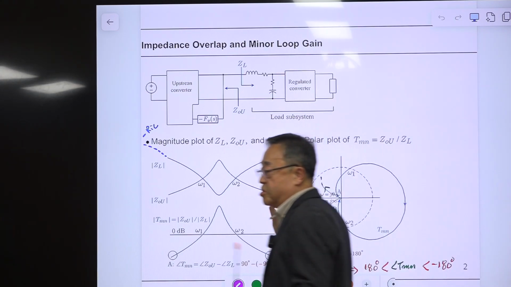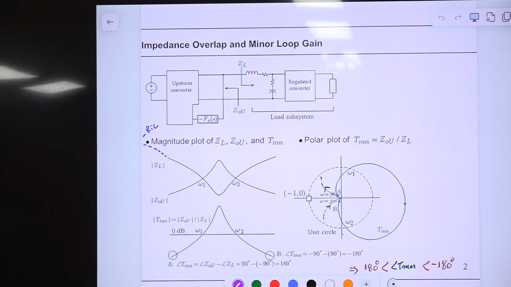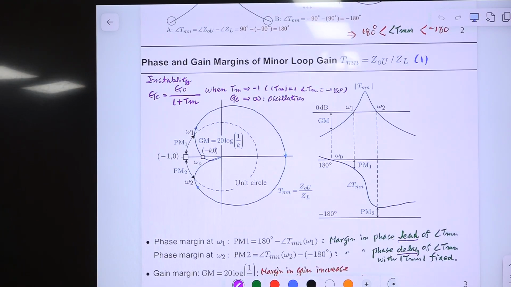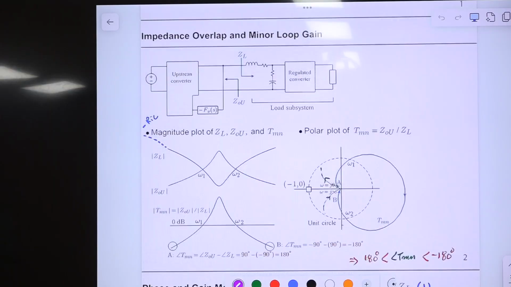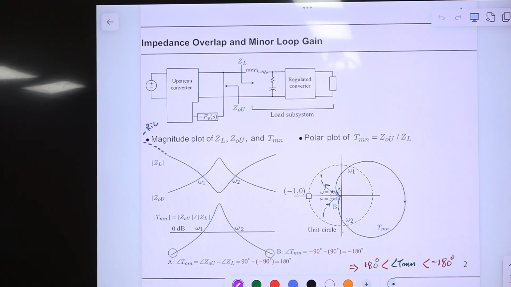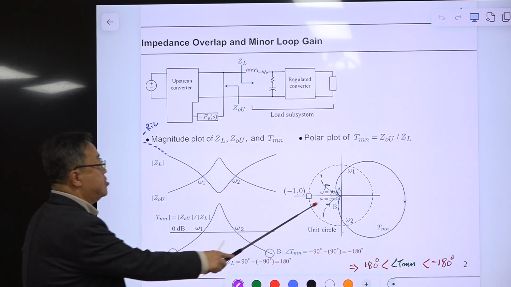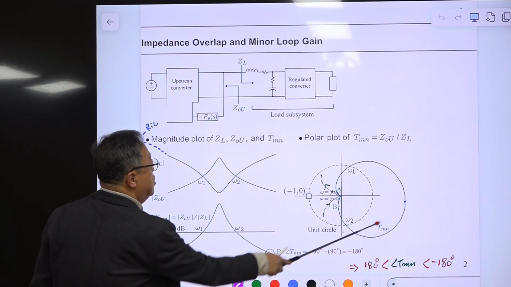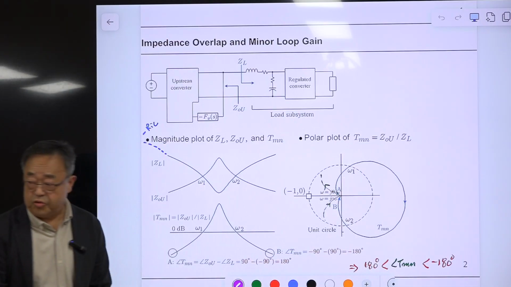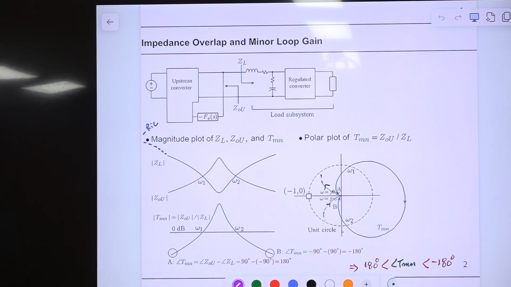Okay, so stable. All right, stability is okay. So this is the polar plot trajectory, a circular type polar plot trajectory.